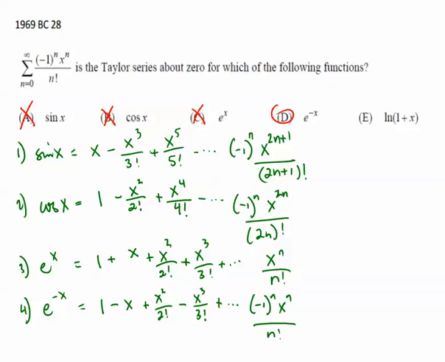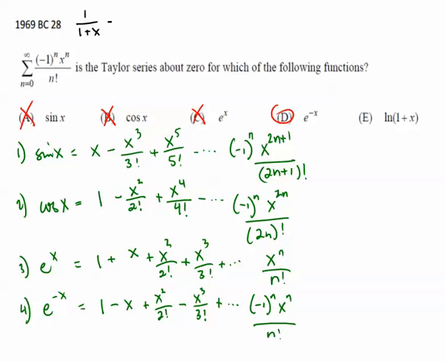And the final one, which is the natural log of 1 plus x. If you recall that natural log of absolute value of x is the integral of 1 over x dx. And one of the other series that we should know is 1 over 1 plus x and 1 over 1 minus x.